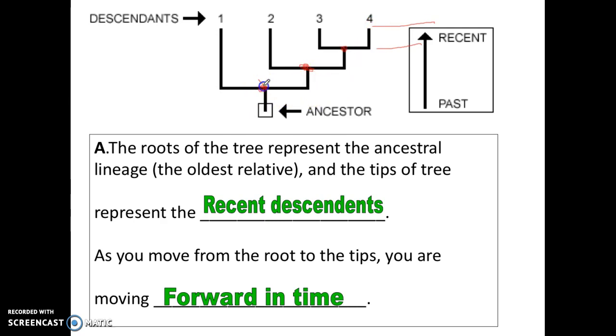So this is the most recent common ancestor of 1, 2, 3, and 4. And as you can see, if you look at the timeline, this is much earlier in time. So this most recent common ancestor no longer exists. 1, 2, 3, and 4 are organisms that do exist.